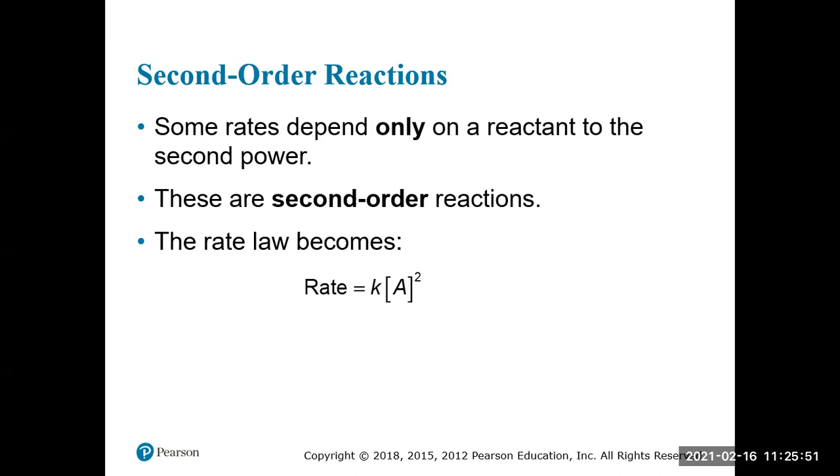If you recall, we talked about before that you can have second order reactions where you have two first order reactants. That gets a little more complicated to figure out. So the purpose of what we're doing today is to focus on a second order reaction that has one reactant, and that reactant is second order.